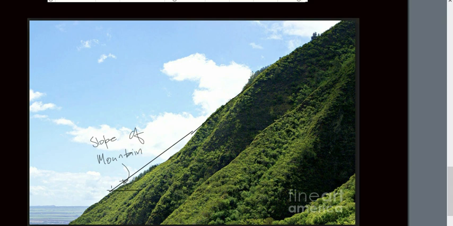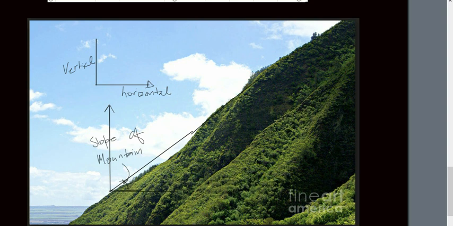This slope is a slope of horizontal versus vertical. So if I draw it here, this slope tells you how you are moving upwards as you're moving in the horizontal direction.